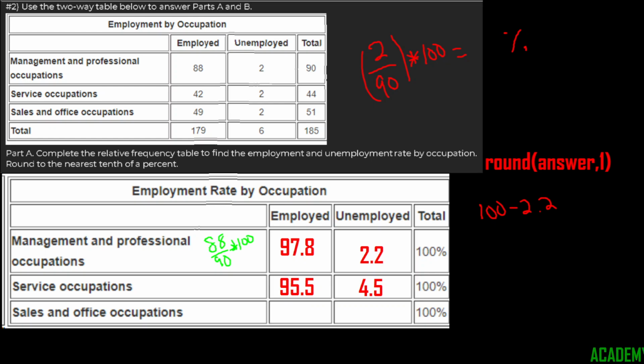Let's do unemployed for sales, office, and occupation. So make sure you're changing that denominator now. I'm going to do 6 divided by that 185. Let's do that on Desmos.